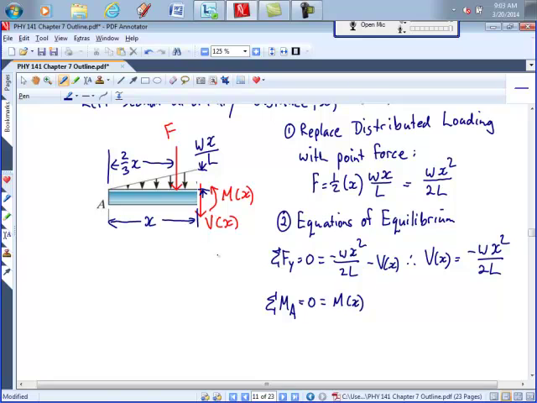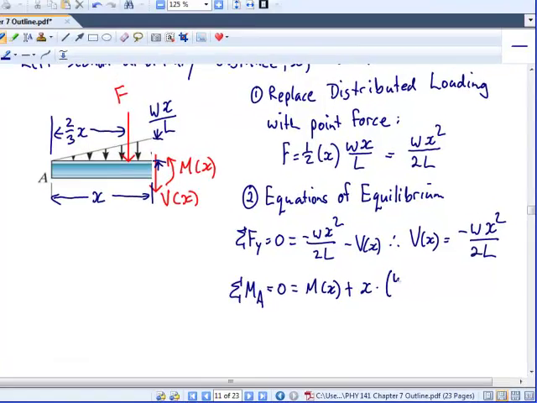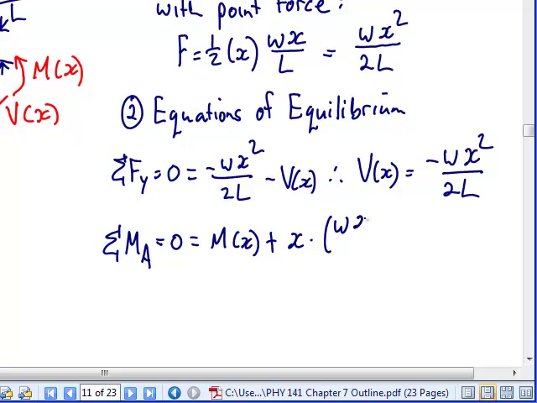So since the shear force is actually upward, that's going to be a positive moment, x times wx squared over 2L. And then I'm going to have a negative moment for that one, so minus 2/3 x times also wx squared over 2L.